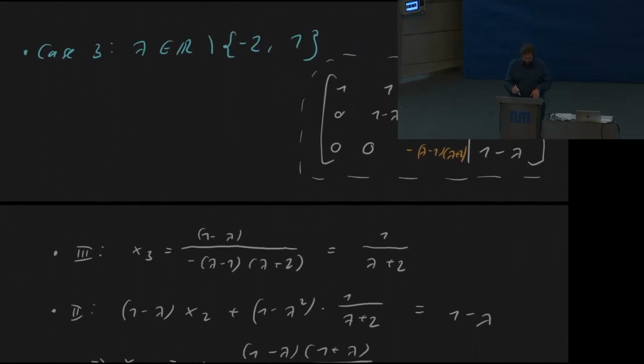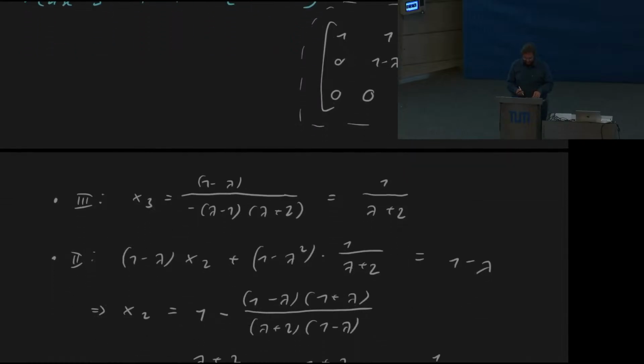Well, in this case, again, this is our row echelon form. Now we need to go about solving that, and we do that, well, x3, this is the equation for x3, so we just divide by this constant now, and we can do this. This is not 0, so we get this expression for x3, or if we simplify that a little, you can see this here can be cancelled out, so we get 1 over lambda plus 2.